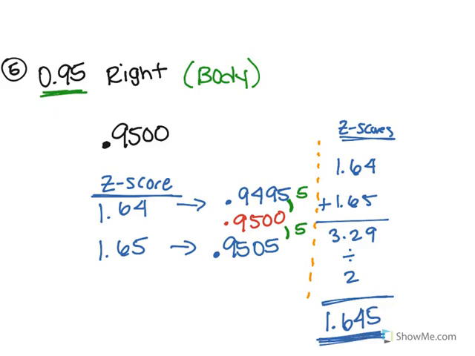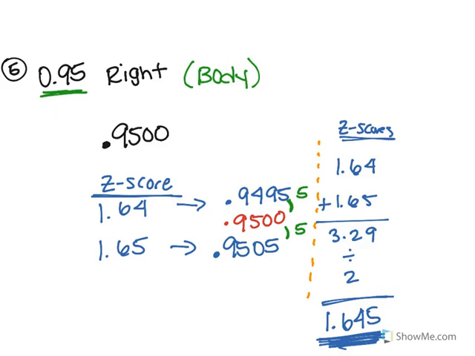This is like the only time you really see z-scores where there's 3 numbers behind the decimal. That lets us know that's a special z-score. So don't round it. I need to see all 3 numbers because that lets us know that the area for this one was equally the same distance from both 1.64 and 1.65.